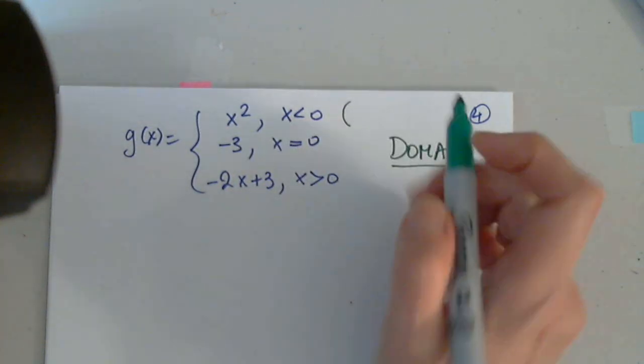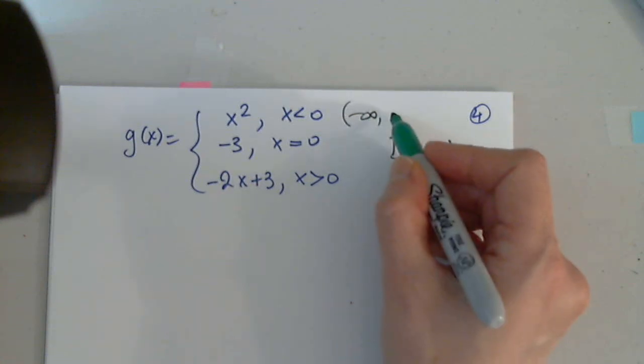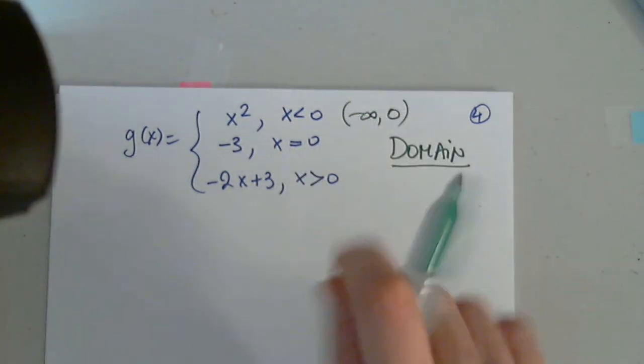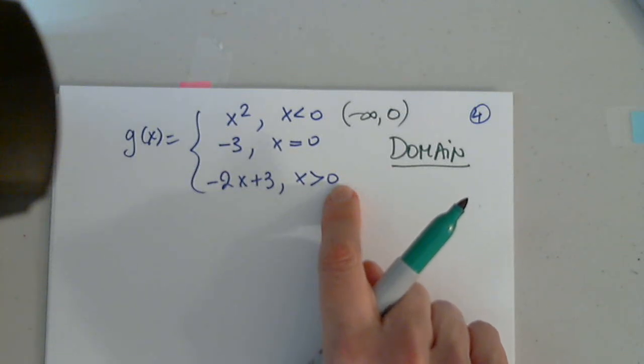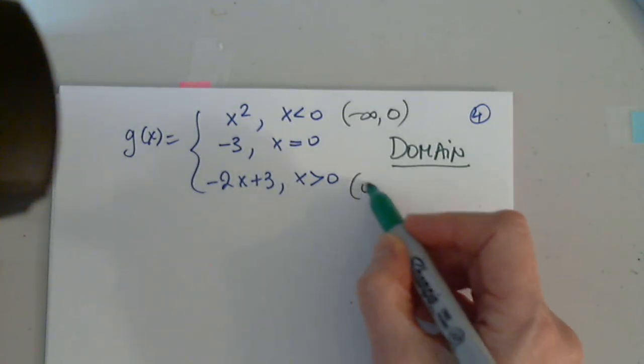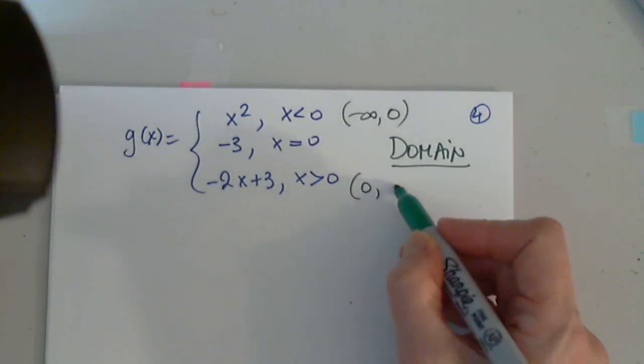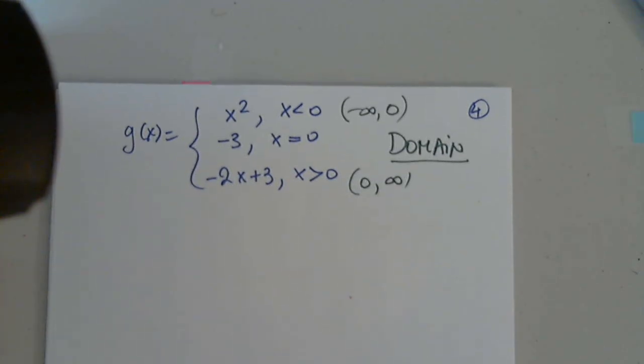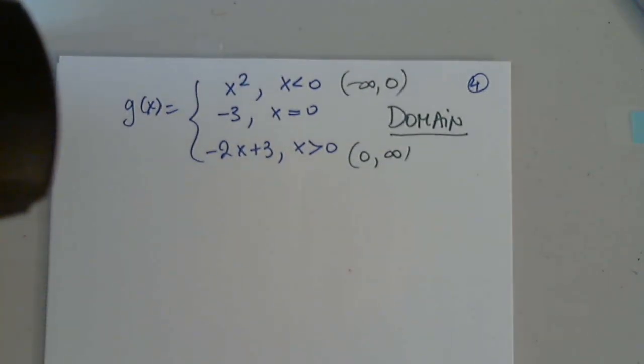Oh, so it'd be negative infinity to 0. That's it. This is very clear. What about this, Jackson? 0 and then to infinity. Very good. So can anyone now state the entire domain?